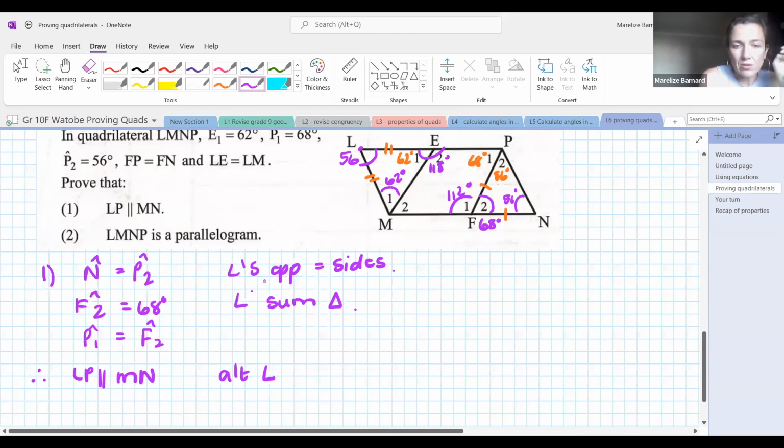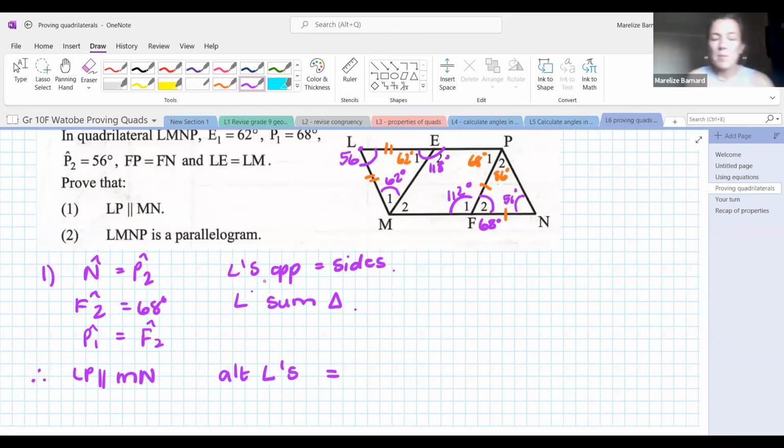But never before we got there did we say that lines were parallel. We can only do that once we've proven it. Yes, Andy, if opposite angles are equal, then it is a parallelogram.